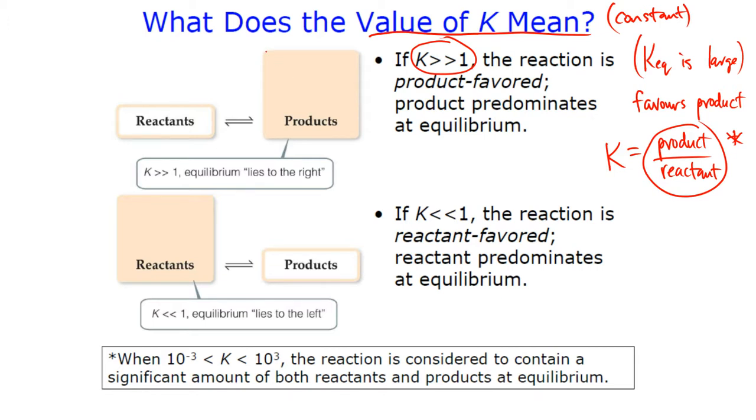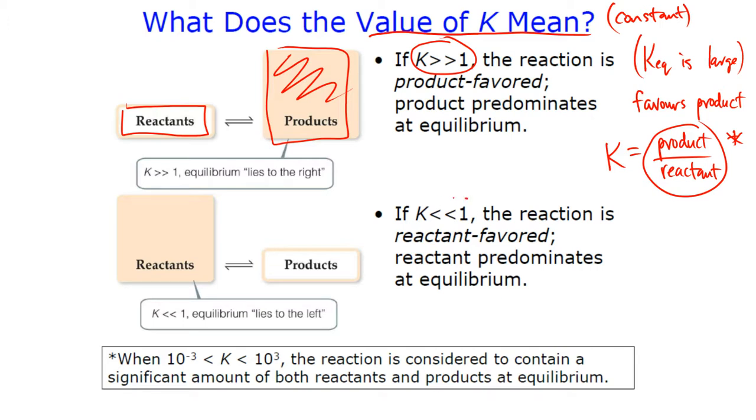So my product concentration is much larger than my reactant concentration. We say that this equilibrium favors the product side. That's where most of our material lies. We also say that this equilibrium lies very far to the right, which is the product side. So there are a few ways we can describe that.